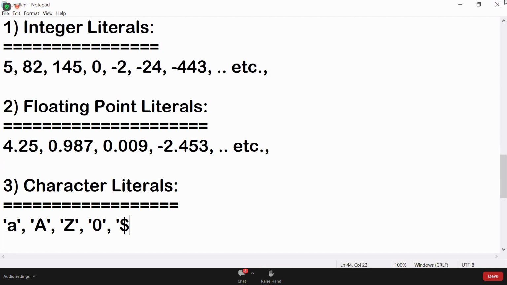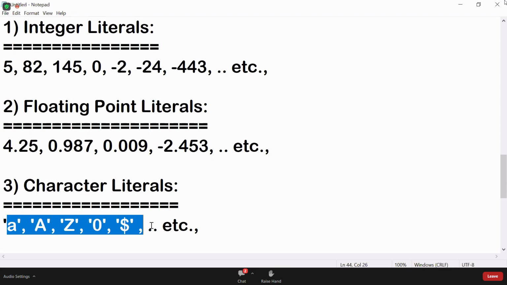One symbol, one letter, in single quotes. But two you cannot write. If you write two, error. That one letter can be a digit, an alphabet, or a special symbol. Space also you can write. But one character only, and single quotes are compulsory.